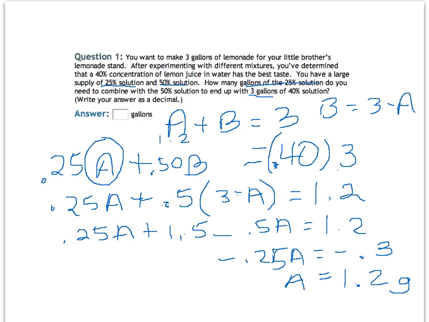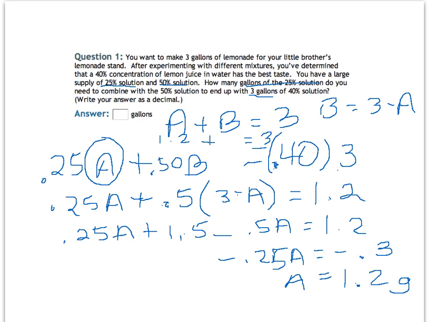And it'd be 1.2 plus something makes 3. So you would take the 1.2 away from the 3, and then you would know that B is 1.8. Because 1.2 and 1.8 make 3. So that would be our gallons.